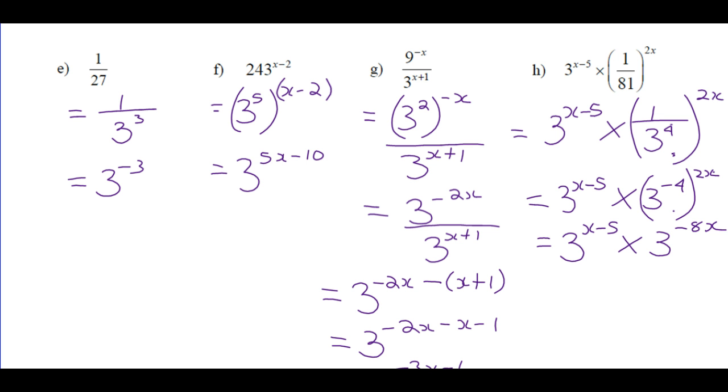See, here we didn't, right? We had this 1 over 81. But now we've got powers with the same base. We can just add these exponents. And simplify, we get x minus 8x is negative 7x, and then minus 5.